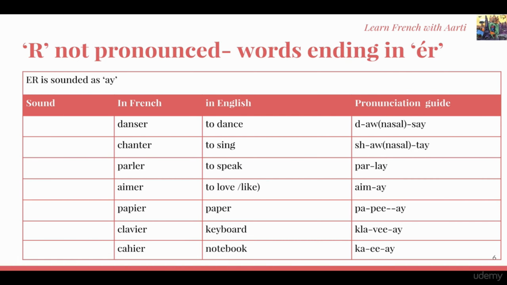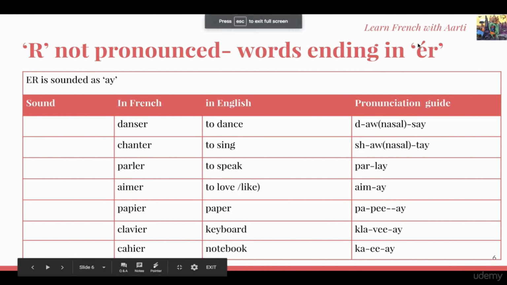This list of words are mostly verbs like danser, to dance, chanter. The ER has an A sound like AY. Then we have parler, which is to speak, aimer, which is to love or like.